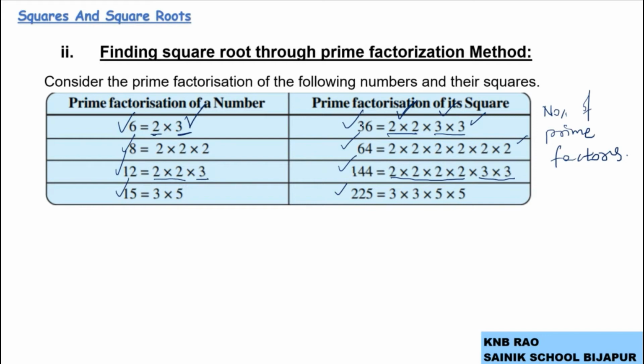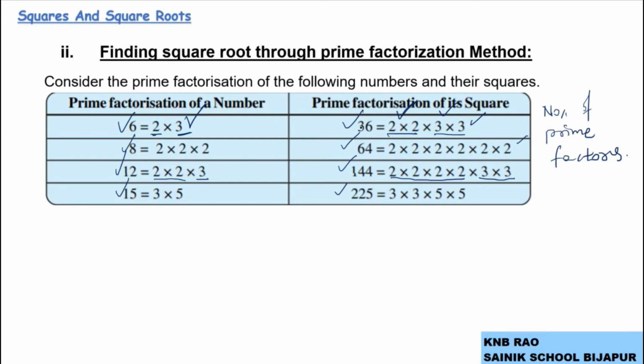So we are going to make some sense out of this. We will find twice the number of prime factors which are there in the given number when it is squared.